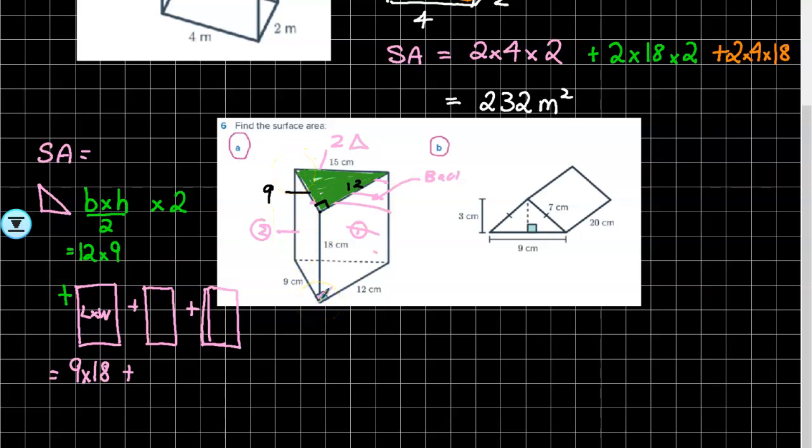What's the next one that you want to do, Johnny? The right-hand side, so 12 by, well, it's 18 again, that's right. And what's the one that we have not covered? Aiden? We've done 9 by 18, right? So it's already here, that's why you've got to look. What's that one? 15 by 18, absolutely. So you just got to make sure that you add all of these up, so that one and this, and then you'll get your total surface area. But it's just breaking it up.